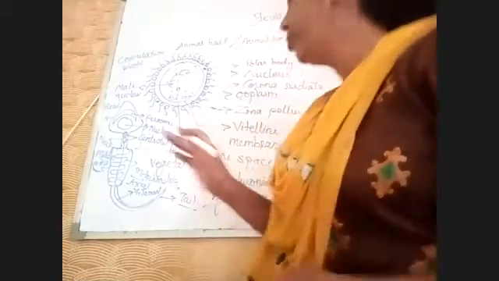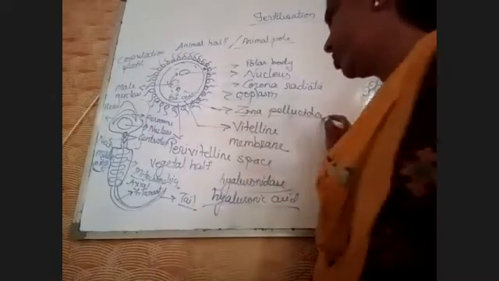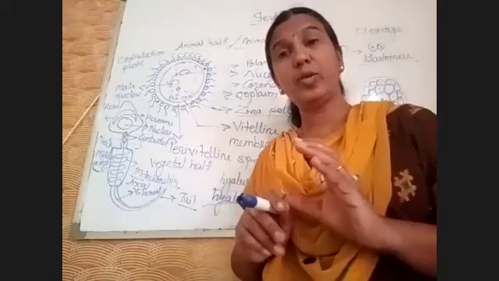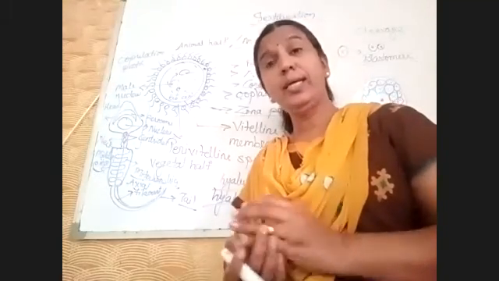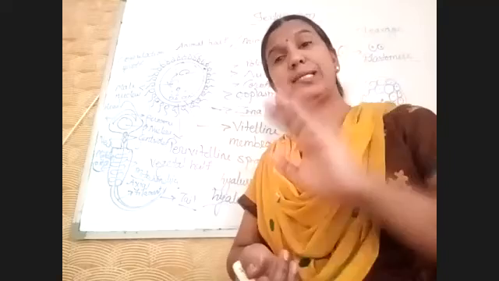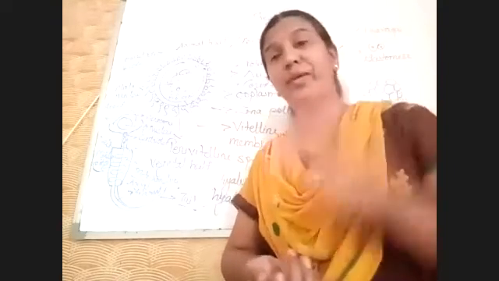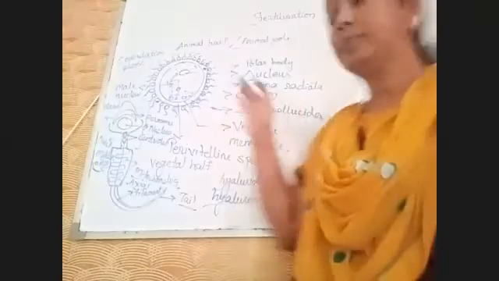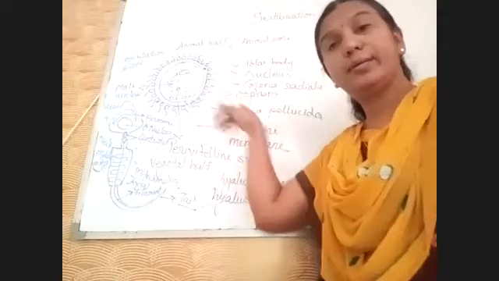Up to that time, the zona pellucida will be attached, and because of it, the size of the fertilized ovum will not increase. Okay. Why will the zona pellucida still be there? Because it should not adhere to the fallopian tube. That's why it will be present on this ovum.